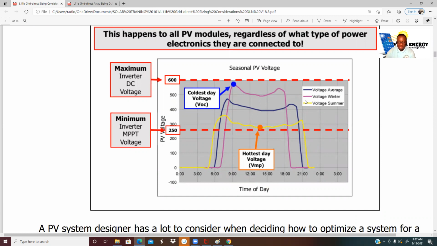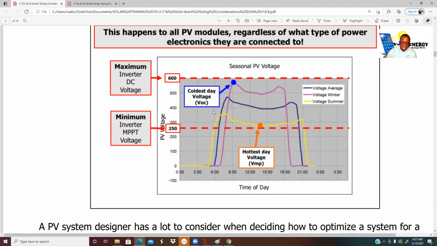They show these lines here as we go along on the graph. Blue stands for the voltage average, purple stands for voltage winter, and yellow stands for voltage summer. So as we go along, we're going to see these colors on the graph showing us the voltage average, the voltage winter, and the voltage summer.